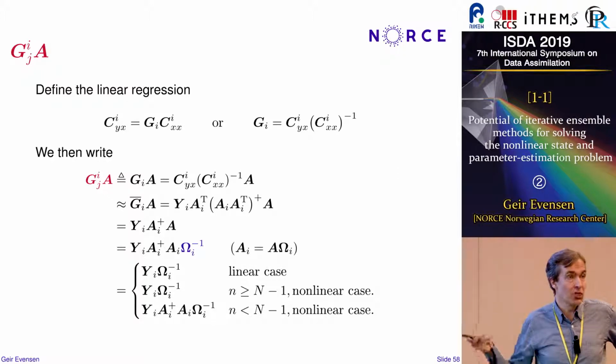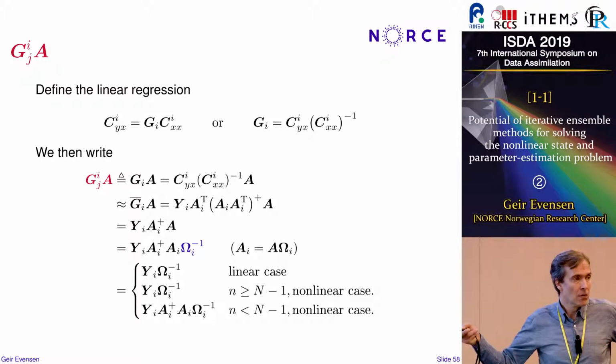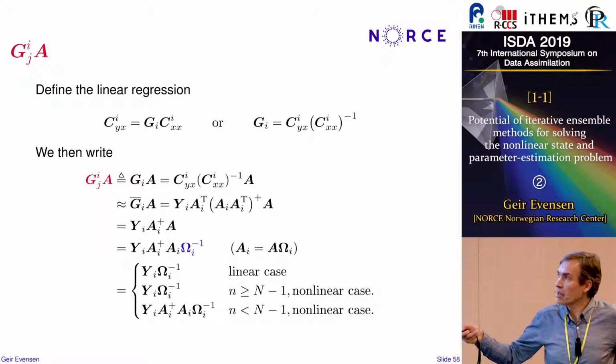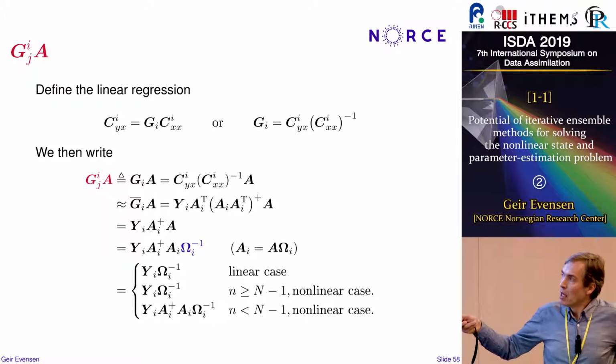Previously, we actually computed this, and it's quite numerically unstable in a way. But what we can show is that if we define a transition matrix from the initial anomalies to the anomalies at iteration I, then we can replace this A with A_I times omega inverse.